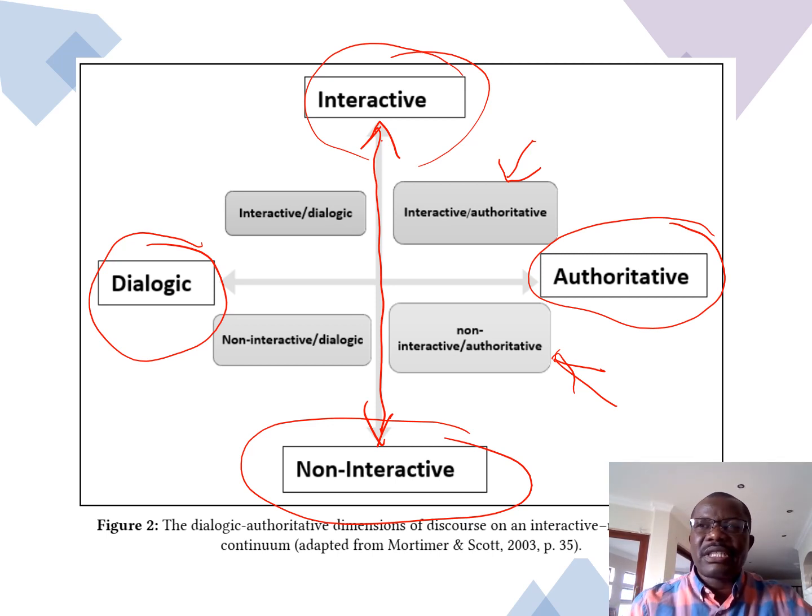This is like a lecture style thing where you just simply present one point of view in a lecture style mode. And then non-interactive and dialogic will be a situation where I bring in different viewpoints, different perspectives, but then I don't involve others.